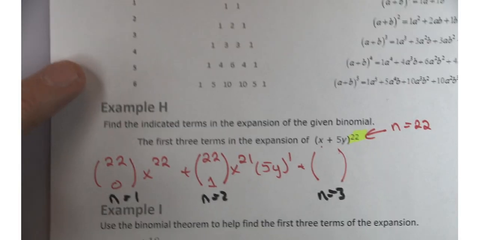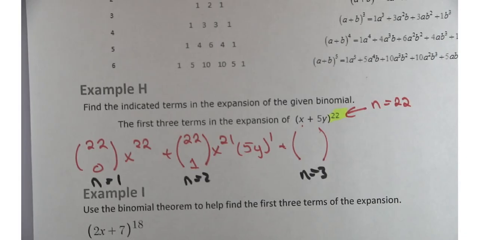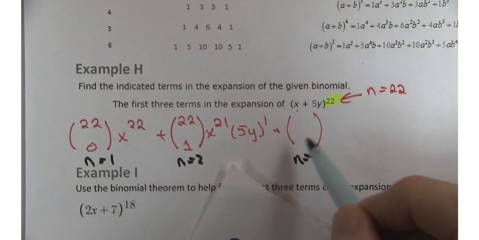Try and anticipate what I'm going to put down here. If you're watching this later, hit the pause button, see if you can figure out what's going to go here for that third term.